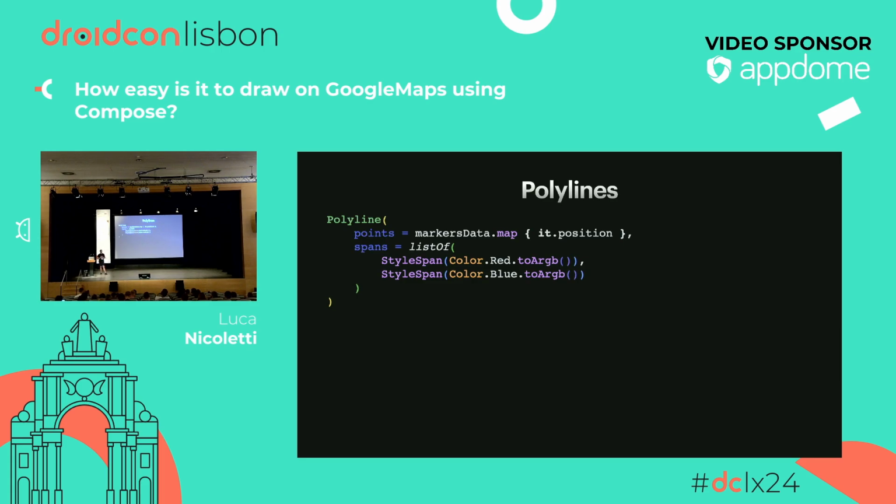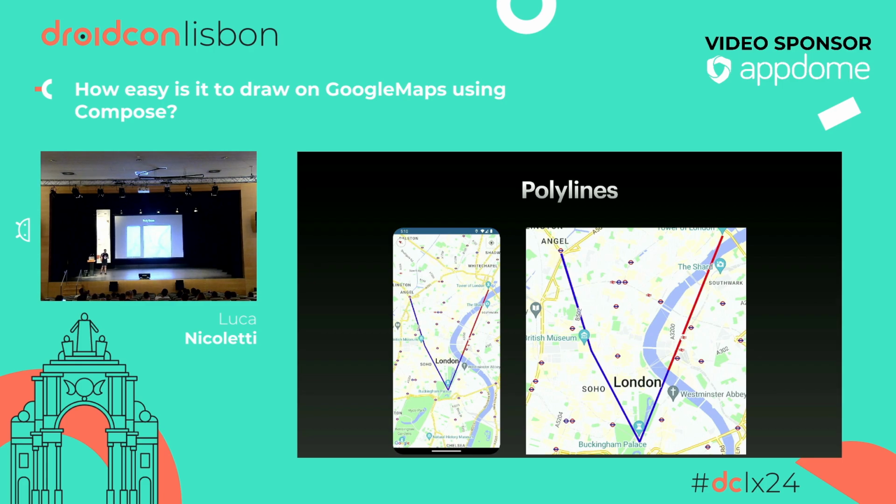If you specify fewer colors than segments, what happens is that it goes in order. It colors the first one, it colors the second one, and then keeps the last color on the rest of the line that you have specified. If you have the correct number, it colors all of them. If you specify more, the ones exceeding are basically ignored.